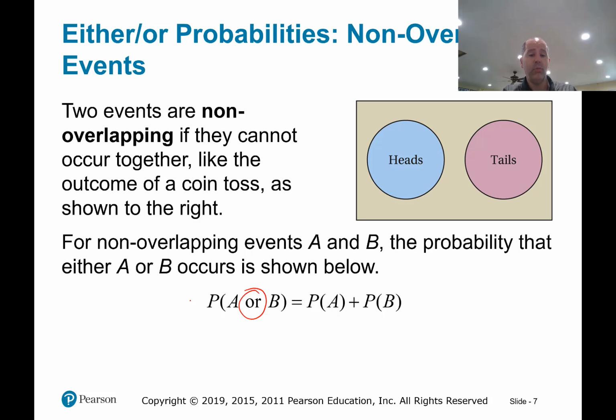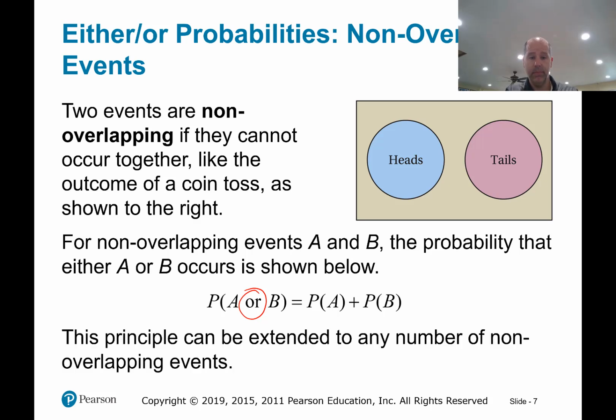So if we have 2 mutually exclusive events and they're connected by an or statement, then we can use what we call the simplified addition rule, and we can just add their individual probabilities. And as long as all of the events are mutually exclusive, we can extend this principle to any number of events. But all the events have to be mutually exclusive.